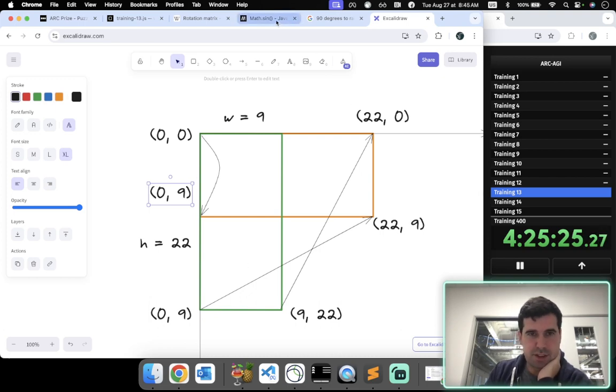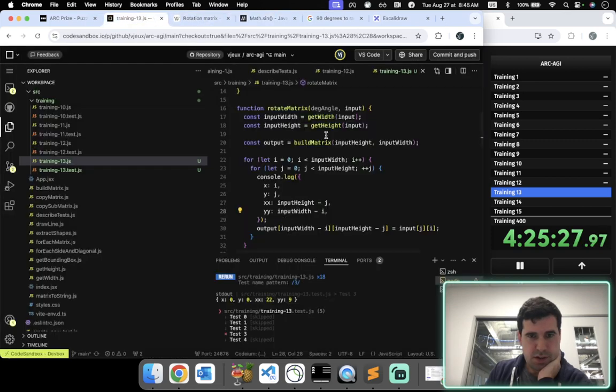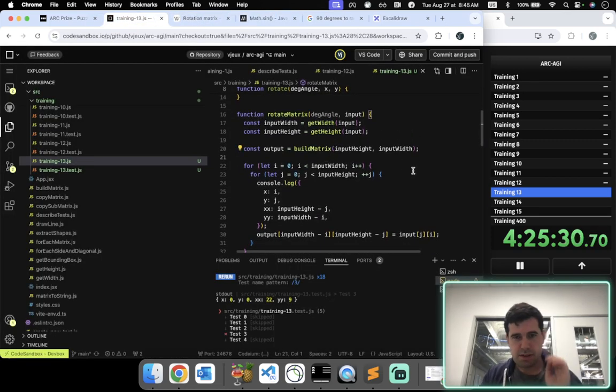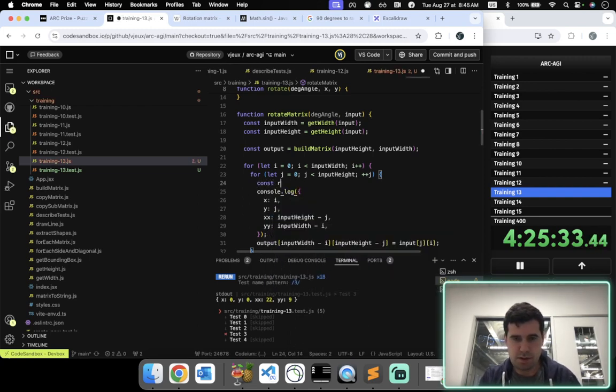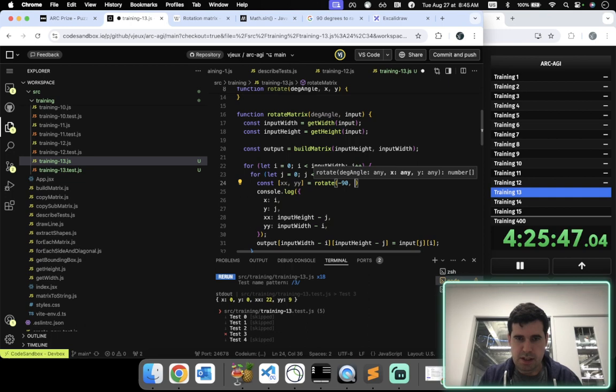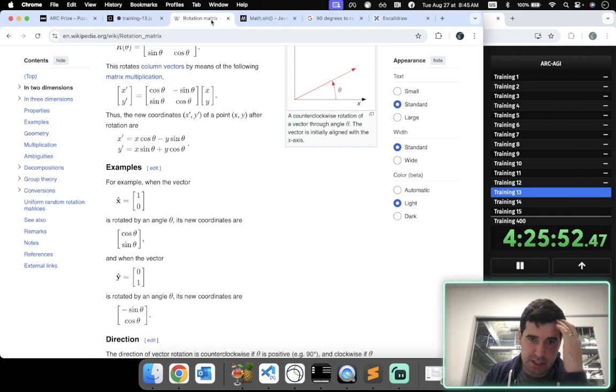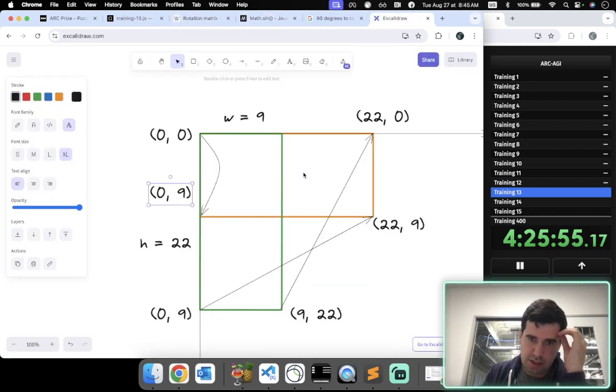Now I think I need to do this formula. So I need xx and yy equals rotate minus 90 ij. But then what I need to do is shift everything by 9.